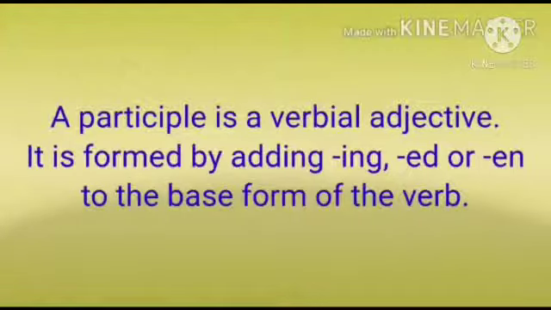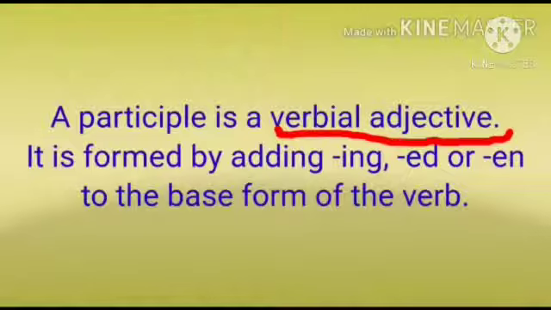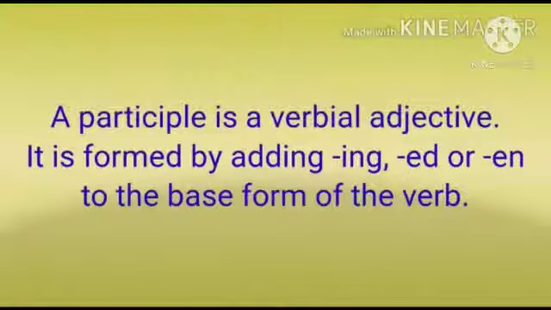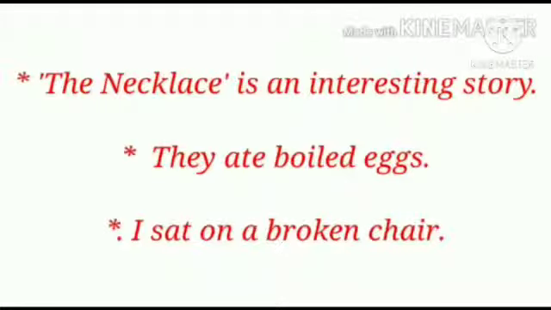Means a participle is a verbal adjective. Means it acts as an adjective but looks like a verb. It is formed by adding ing, ed or en to the base form of the verb.